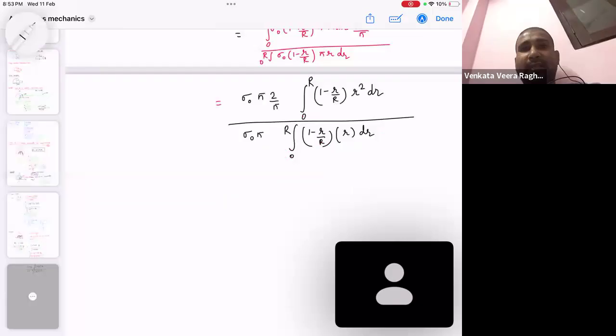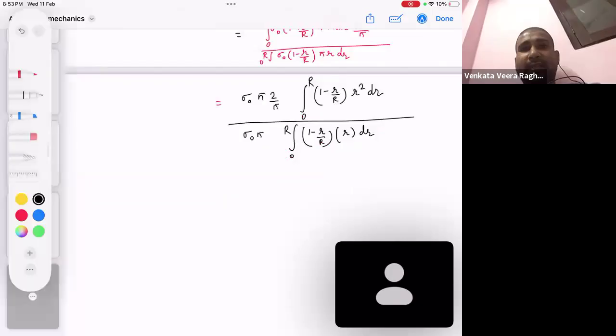Check it and tell me. Sigma naught cancels, pi cancels, so we have 2 by pi, numerator integration of r squared dr.